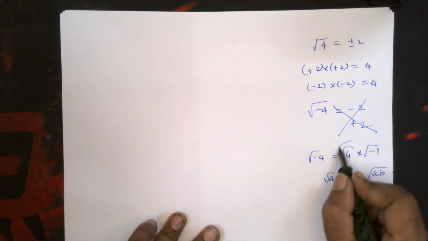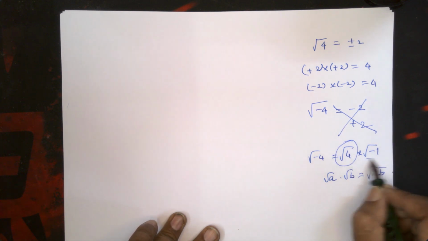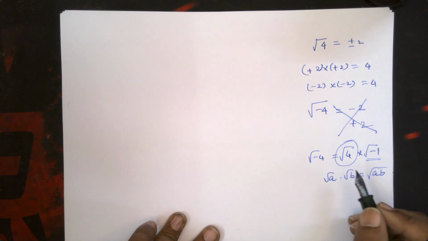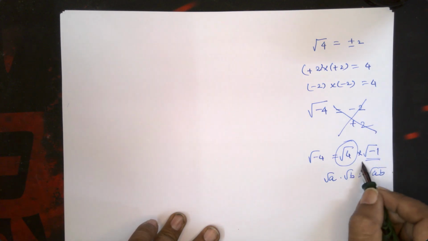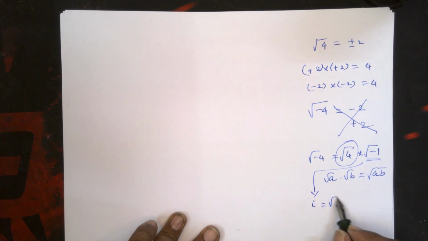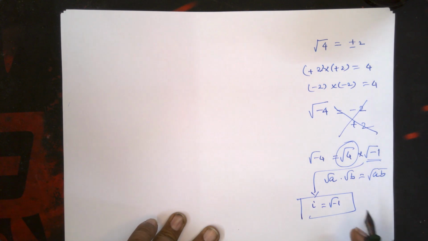Now this is the real number, because plus or minus 2 is the answer. But for this one, the square root of minus 1, it is totally imaginary. And that is why it is represented as i is equal to root of minus 1. You should remember this. We will use this imaginary number, and that is represented as a complex number in future, in higher classes, say in 11th and 12th standard.